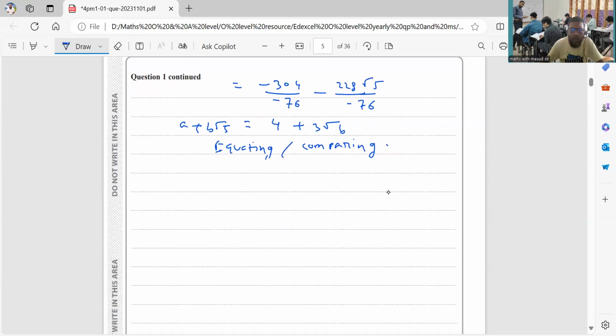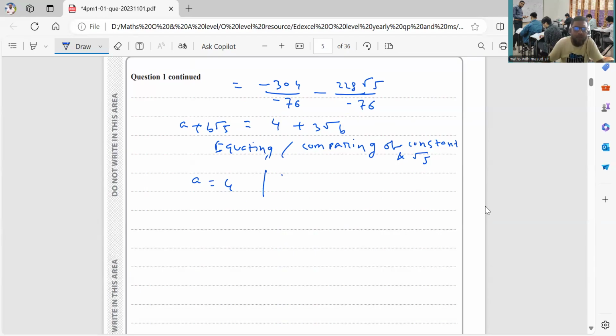Equating or comparing of first constant and root 5. So if you see the constants, in left side you have a and right side you have 4. So we can write a equals to 4. Second one, so b root 5 equals to 3.